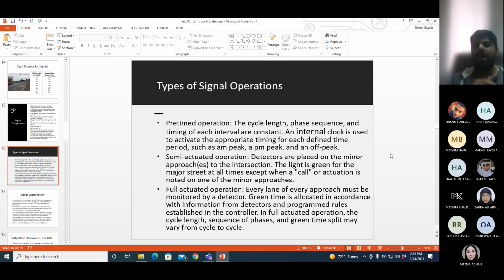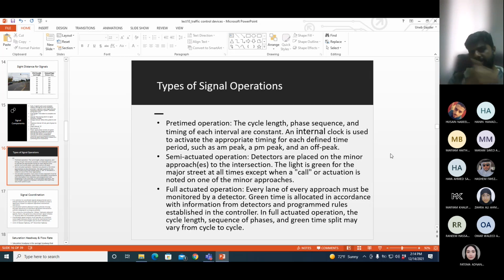So if you have heavy volume coming from all directions and you try to provide more green time to everybody, obviously the complete cycle length will increase. Okay. Another thing which can change in fully actuated is the phasing, the order or sequence of phasing. For example, in one cycle, you have the phasing east, then west, then north, then south.